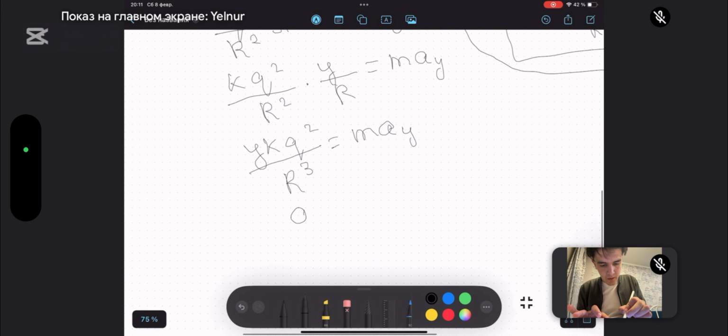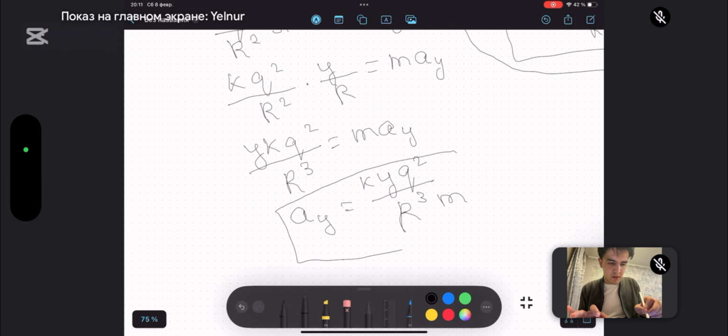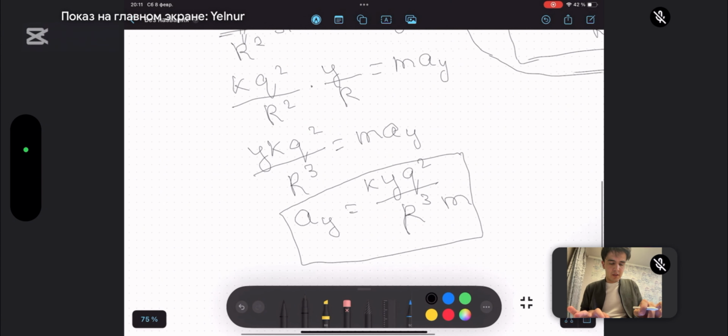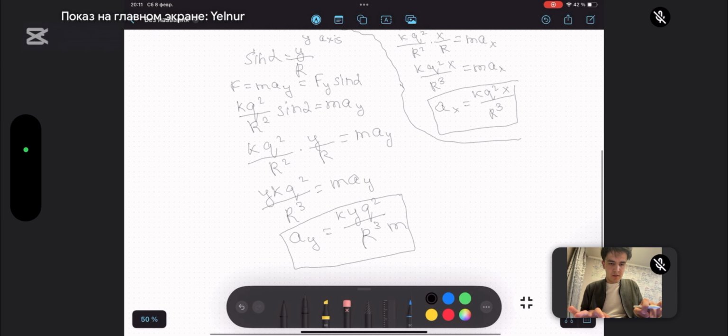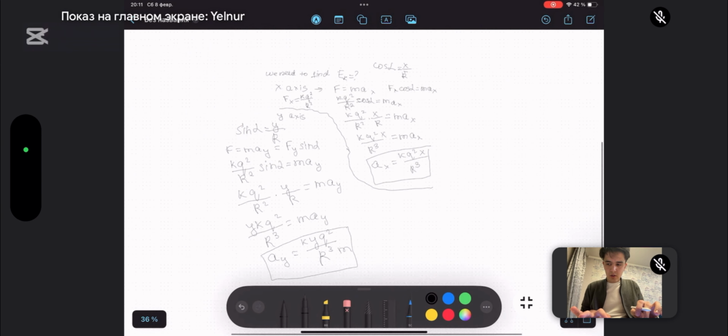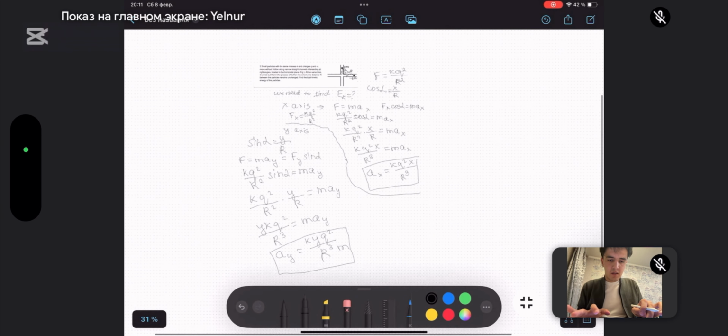In this equation, if we find the final expression for our acceleration on the y-axis, we get a y equals k y q square over r cube over m. So this is our acceleration on the y-axis.